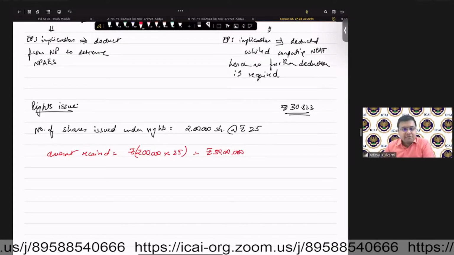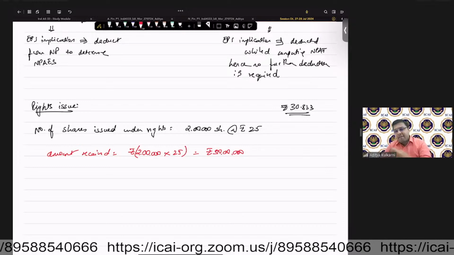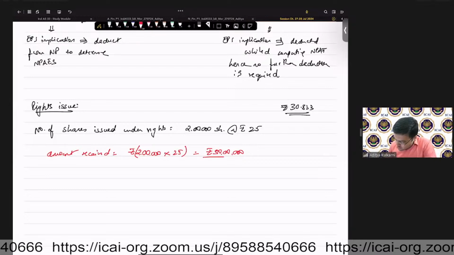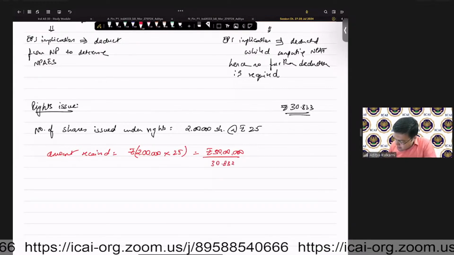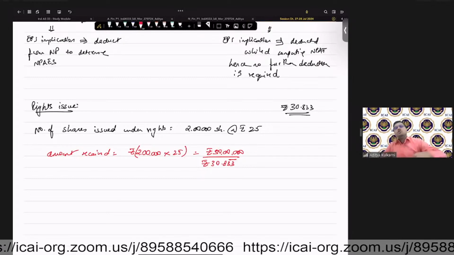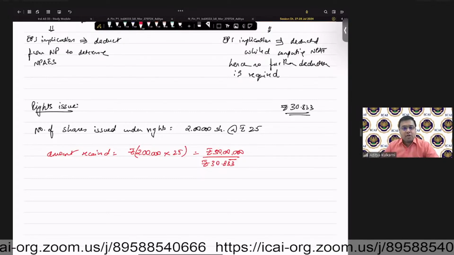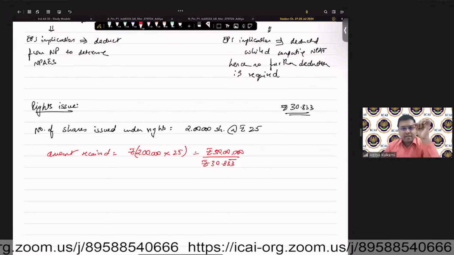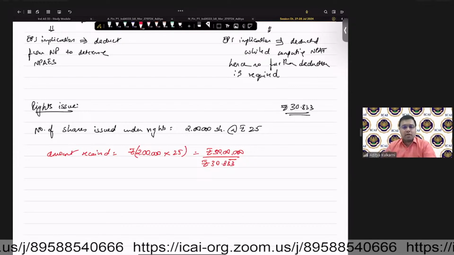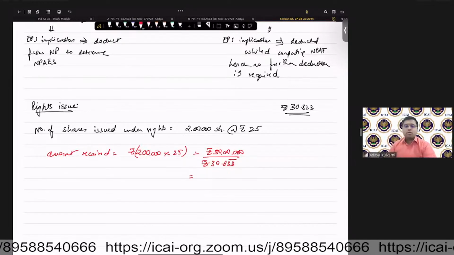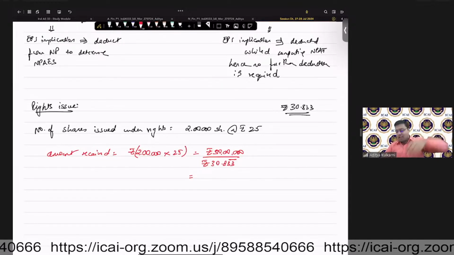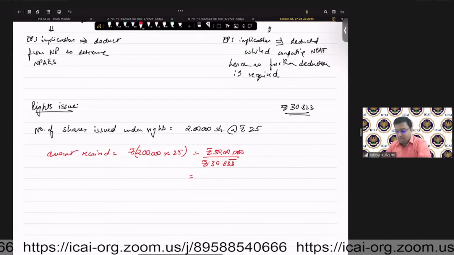But against 50 lakhs, the fair value should be how much? The fair value should be 30.833. You have issued at 25 because it is a rights issue. So the difference between 30.83 and 25, that 5 point whatever, becomes a bonus component. In effect, when you get 50 lakhs, the number of shares which go at the fair value level is 50 lakhs divided by 30.833.